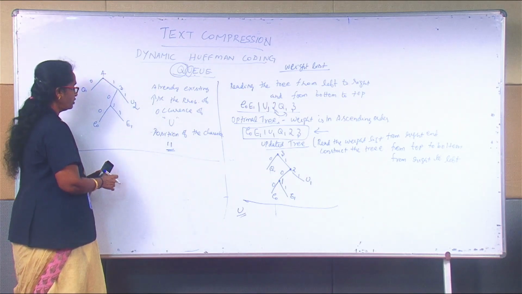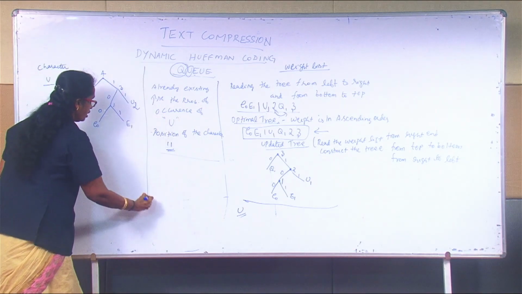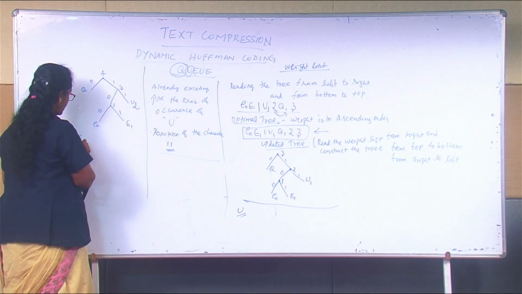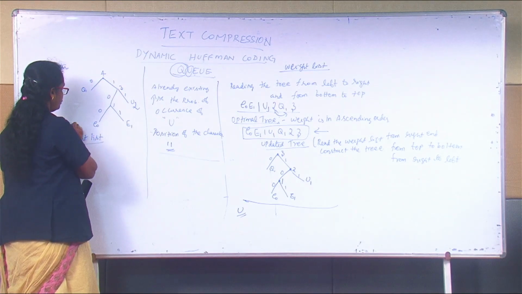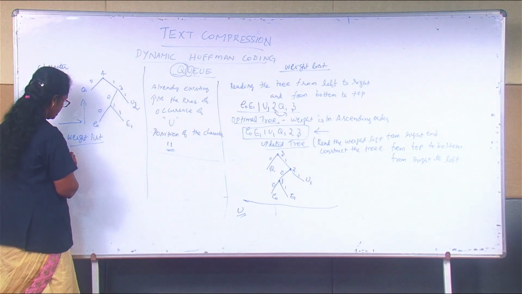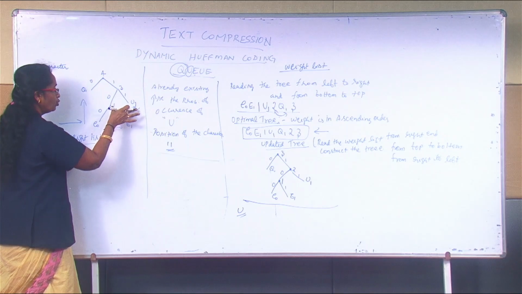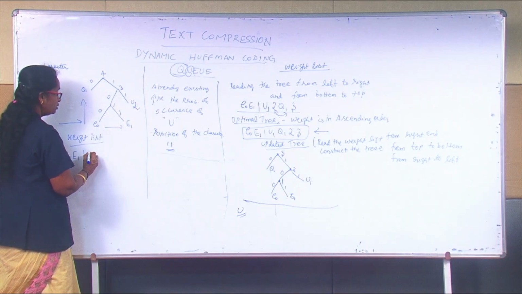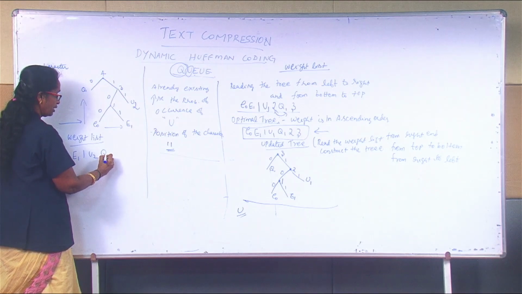Now, before proceeding to the next stage, again we have to write the weight list. How will you write the weight list? Reading the tree from left to right and from bottom to top. Therefore, what is the weight list? E0, E1, this level is over, move on to the next level. 1, U2, this level is over, move to the next level.